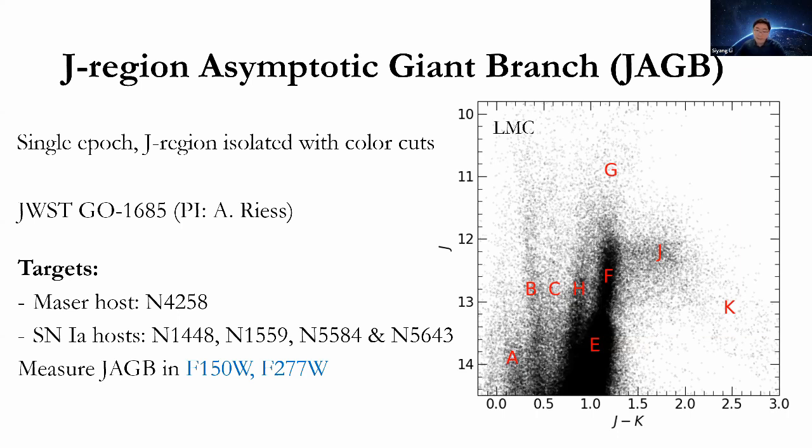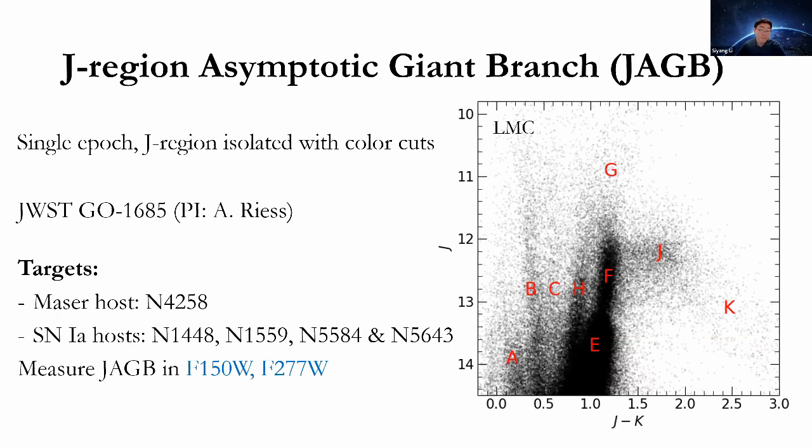What's usually done is you make a color cut, J minus K of roughly 1.4 to 1.5, that excludes the oxygen-rich RGB stars from the F region. And then you can also impose a color cut at 2, and that excludes the extreme carbon stars in the K region. Now, we were able to observe the JAGB in our JWST program 1685, led by Adam Riess.